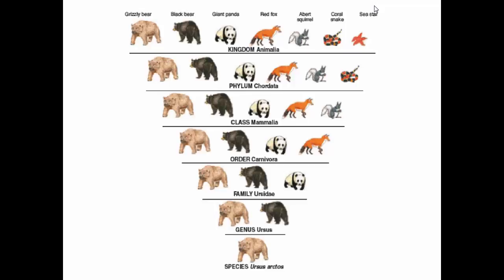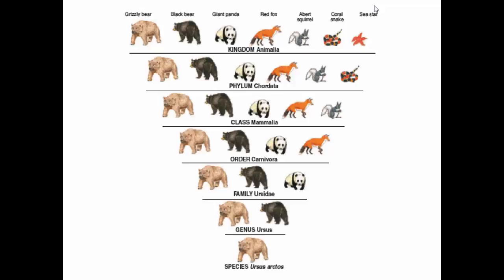We'll start at kingdom. All of these organisms are in the same kingdom. A grizzly bear, a black bear, a panda, a red fox, a squirrel, a snake, and a starfish, all of those are in one kingdom, the animal kingdom. So that's a huge variety of living things. Lots of different things are animals.